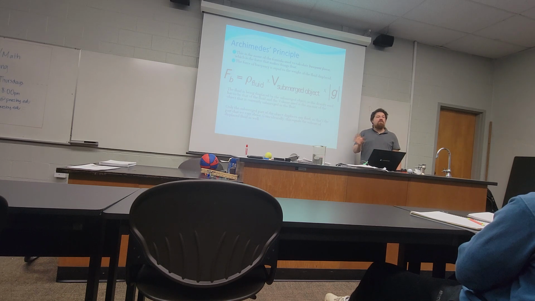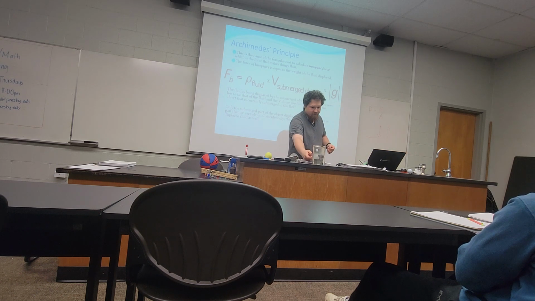Absolute value because you don't want the negative that's on the 10, you just want the 10. Kind of literally the same as the pressure formula from the other day. And this formula will tell you the buoyant force that will act on something when you submerge it into any given fluid.